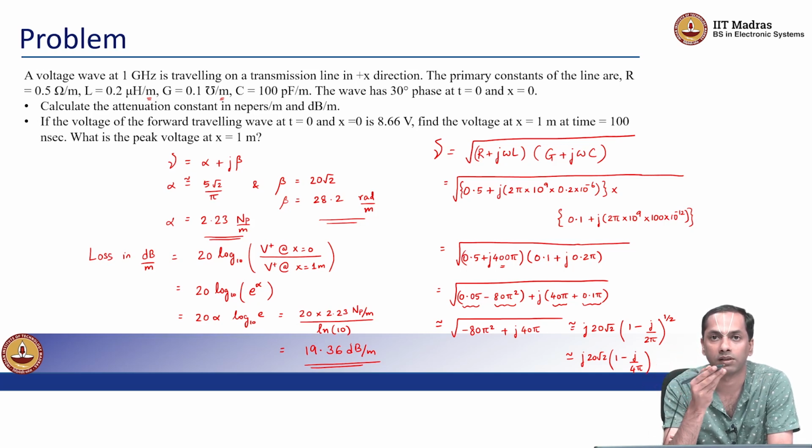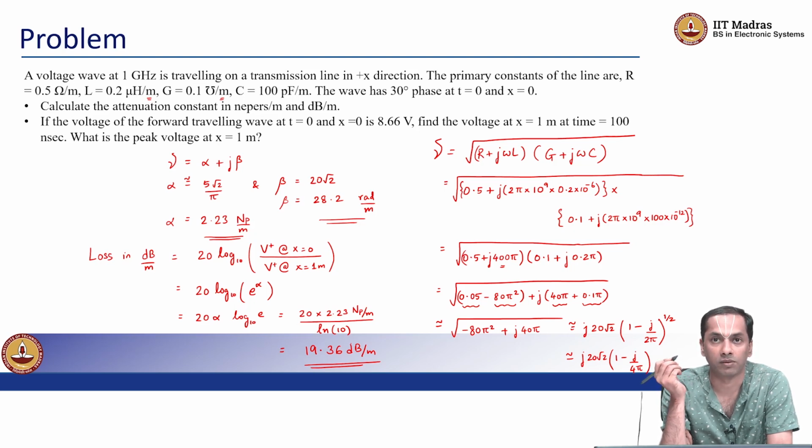What this means is the power level of the signal that is being transmitted along this transmission line, over a 1 meter distance, we have nearly lost 99% of the power. So what is remaining at the end is only about 1%. So 20 dBs, remember, is a factor of 100. So if I started with about 1 watt, I am only left with 10 milliwatts at the end of the transmission line. So this is probably a fairly lossy transmission line for 1 gigahertz.